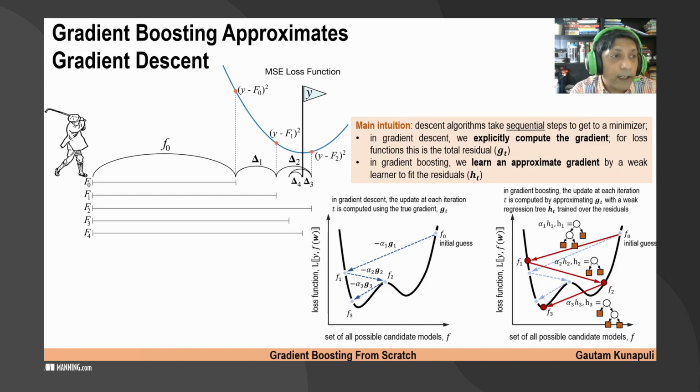But broadly, you can think of gradient boosting as a means of approximating gradient descent. So in this case, for instance, in the example on the left, you have this loss function that you want to optimize. It's a squared loss, right? So a loss function essentially is going to tell you how badly you're doing or how well you're doing, right?